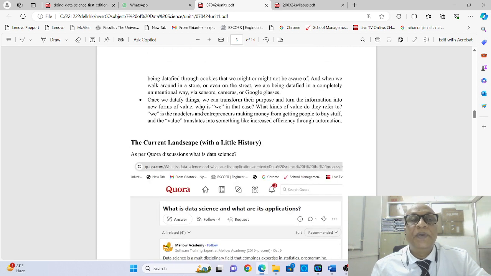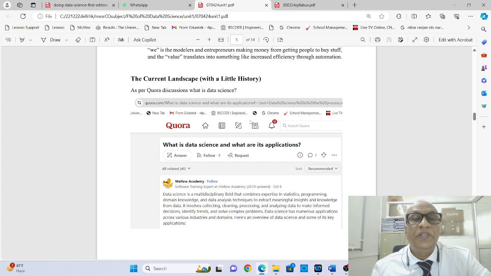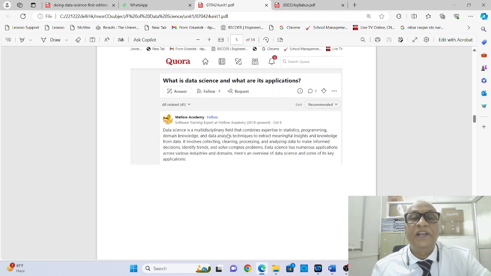So what is the benefit of datafication? The benefit will be entrepreneurs will be making more money by adding value, and adding value here indicates increased efficiency through automation.